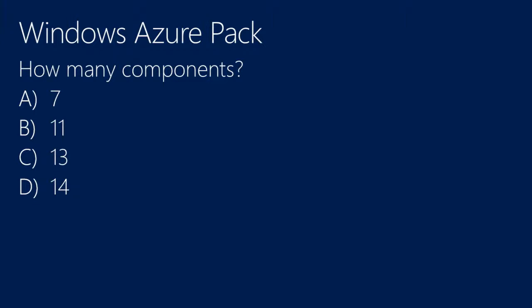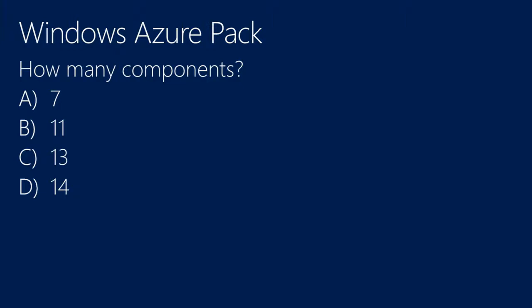How many components do you think, out of the box, without third-party extensions, are available with the installation of Windows Azure Pack? It's at least a lot, because you see the choices we'll have. Who will say A? Just a normal installer, and you'll have a list in the Web Platform Installer saying, and everybody's now looking it up quickly, how many Windows Azure Pack components can you select during the installation?